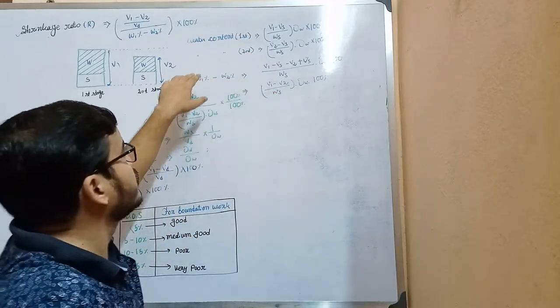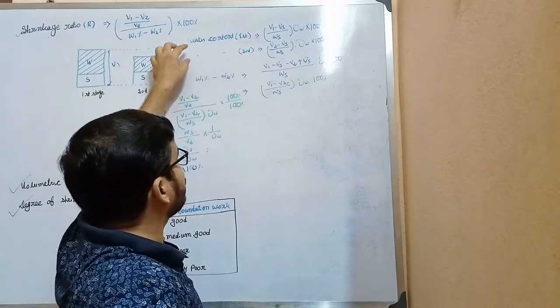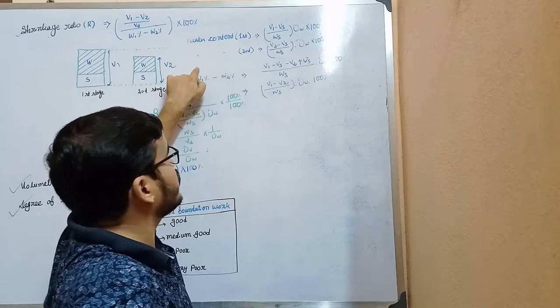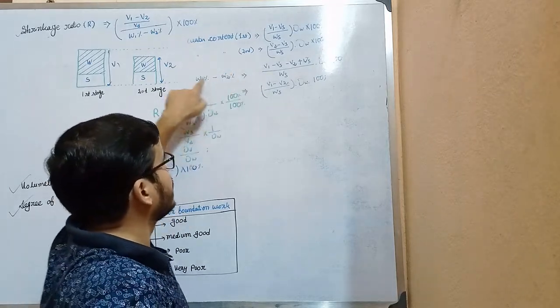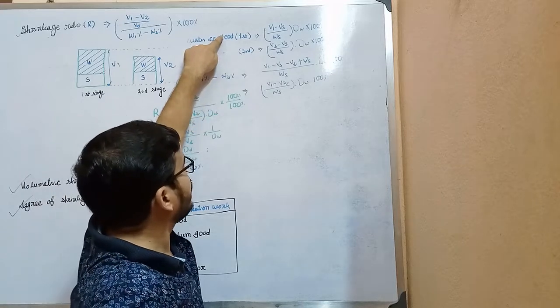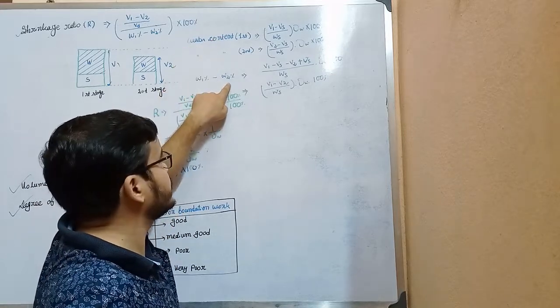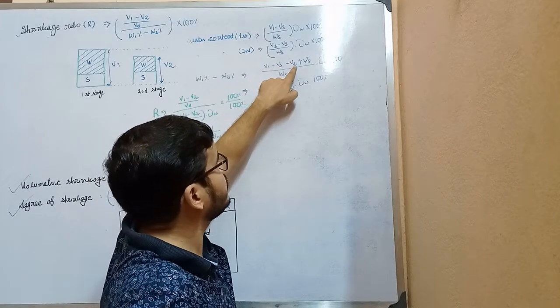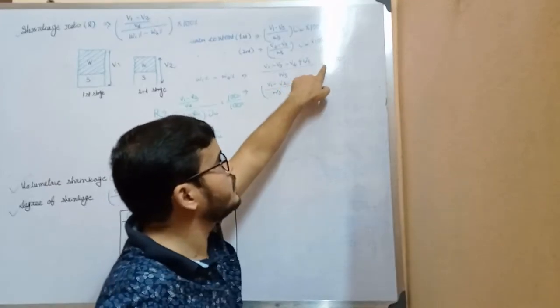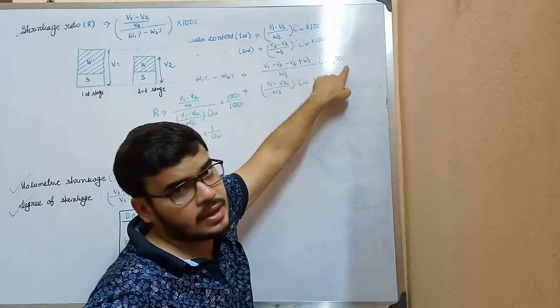And now if you subtract the water content in the second stage from the water content in the first stage, you will get this value, that is W1 percentage minus W2 percentage equals (V1 minus Vs minus V2 plus Vs) by Ws into gamma W into 100.